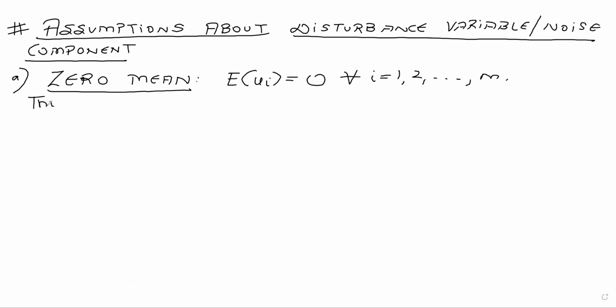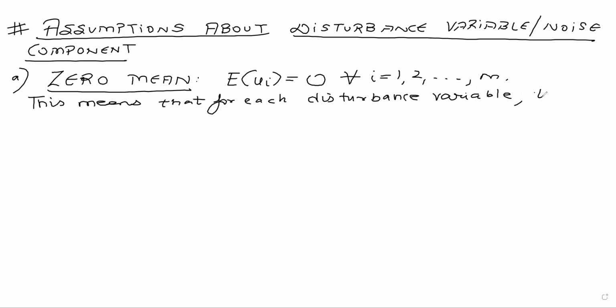This means that for each disturbance variable, the positive and the negative disturbances balance out.